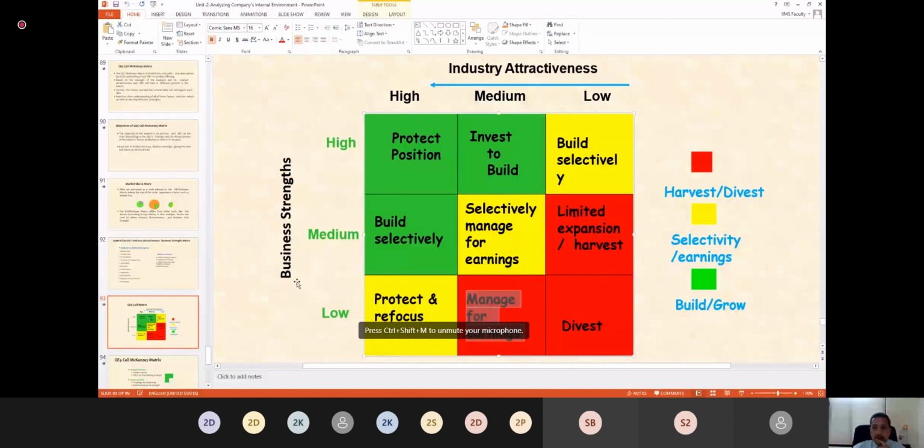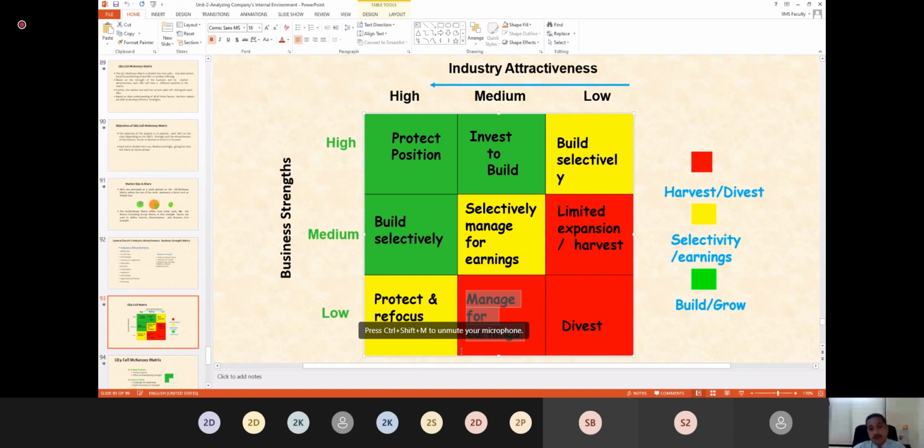So this category is also in danger, that is in the red zone, wherein we have moderate attractiveness of industry for a particular business. However, to get the earnings, we have very little strength in our business to take the benefit of those opportunities. So here also we have to give thought, manage for our earnings, and then think of whether to go ahead or stop the business.